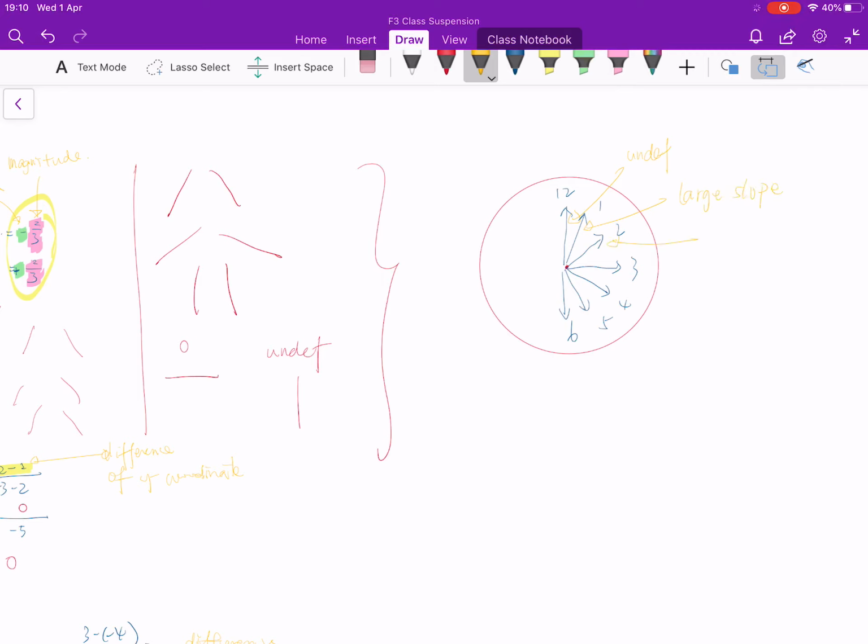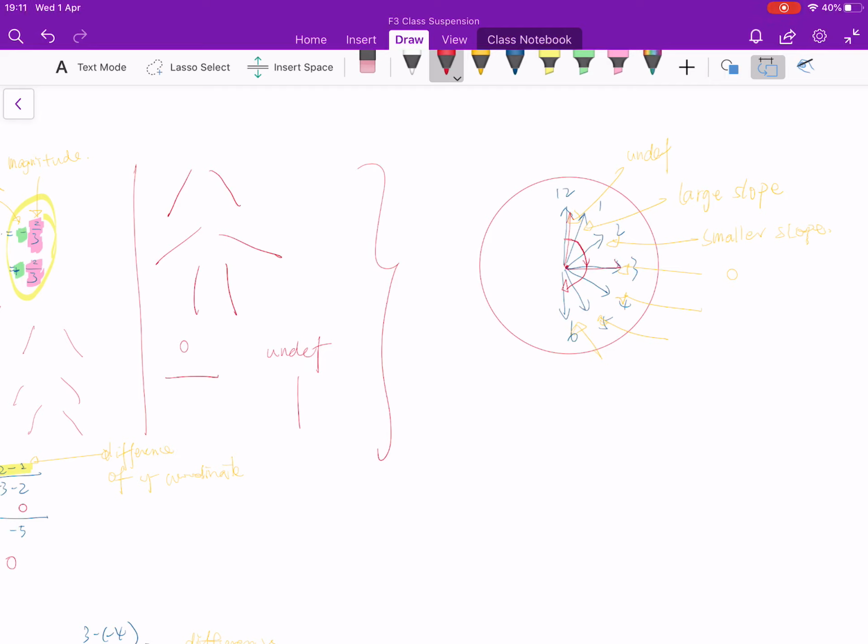And then a smaller slope, and then keep decreasing. This is 0, and keep decreasing. So when the minute hand walks from 12 to 6, it starts from an undefined slope, and then when it moves a very, very little bit, it is a very, very huge slope. Then it keeps decreasing.